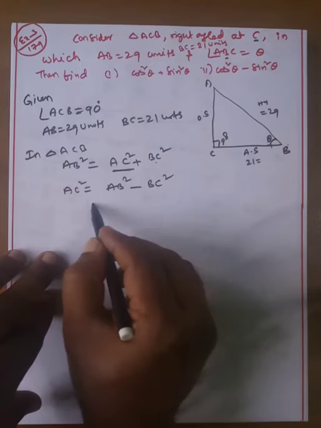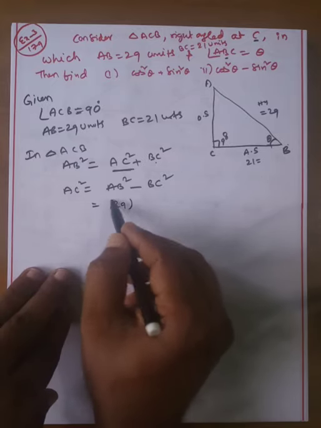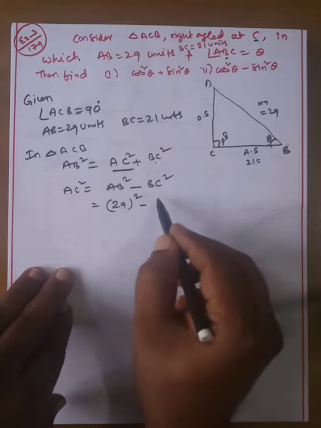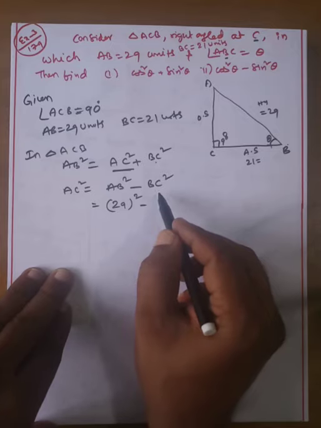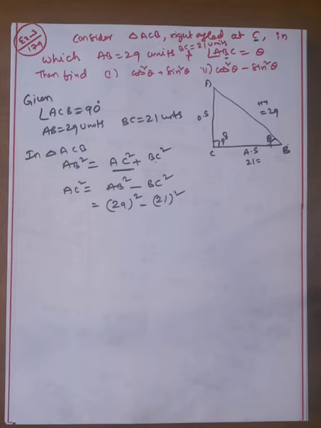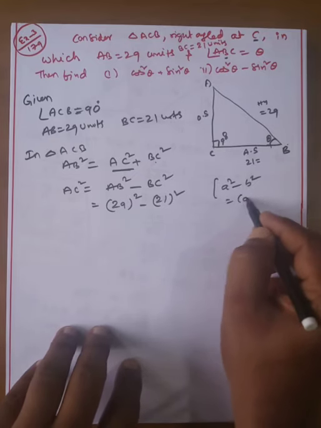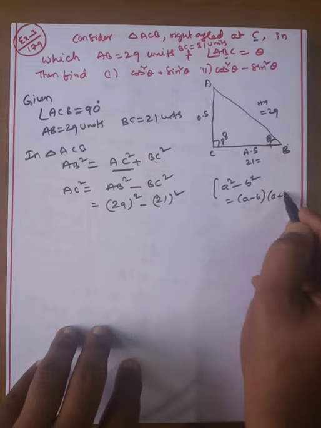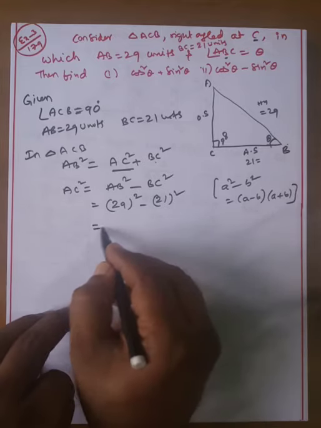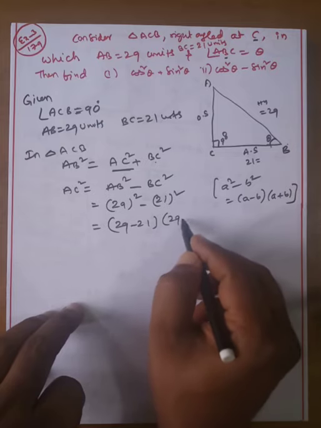AB means 29, 29 whole square minus BC means 21 whole square. Don't calculate the 29 whole square and 21 whole square. Directly use the a square minus b square formula, which equals a minus b into a plus b, my dear students. Now 29 minus 21 into 29 plus 21.